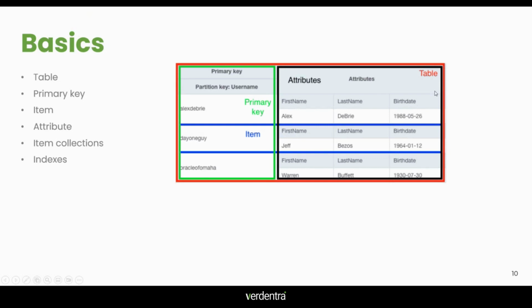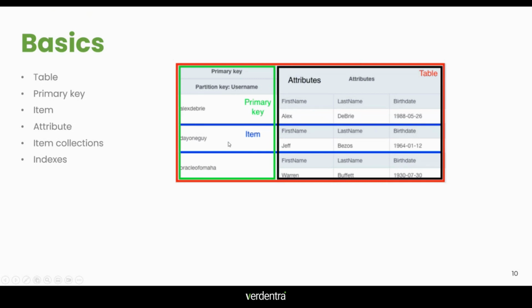In this image, you can see the first four things. The table is the entire table. Item is like a record in a SQL table. And the primary key is what you use to look up your item.